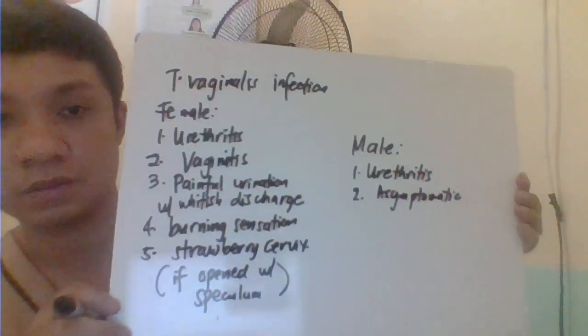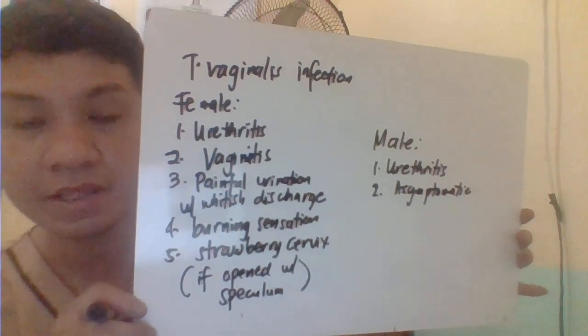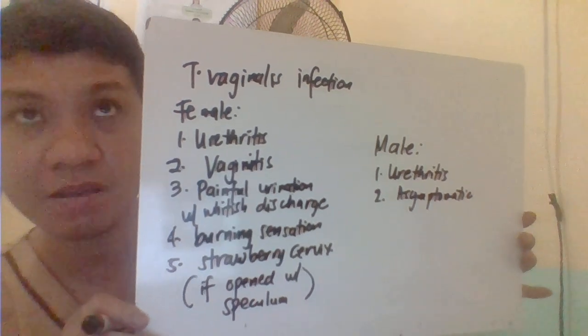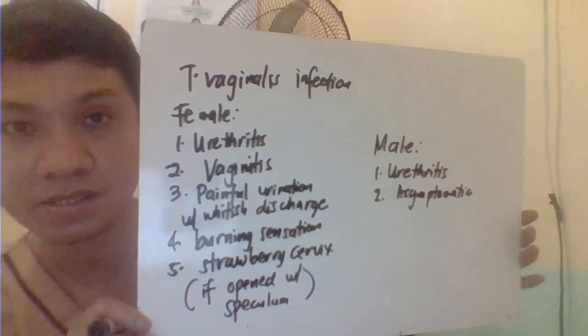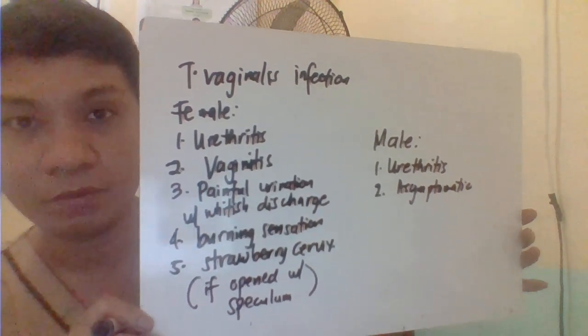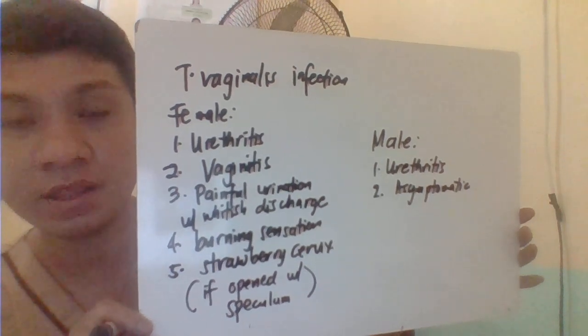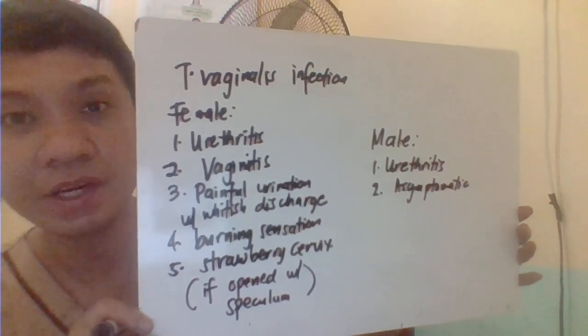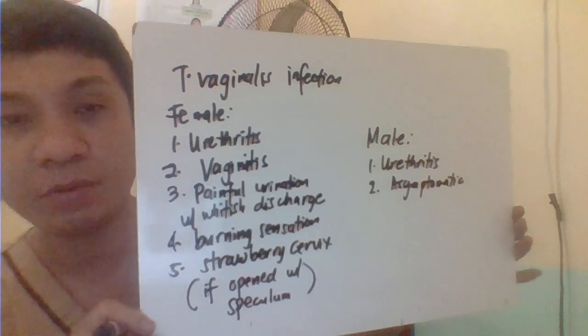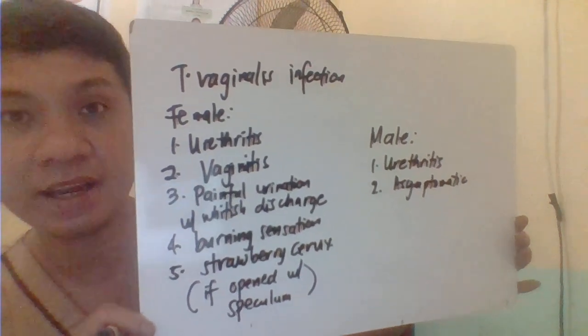Okay, now we have here Trichomonas vaginalis. We have the following manifestations of Trichomonas vaginalis infection. For the female, we have vaginitis, urethritis, with painful urination, burning sensation, with a whitish discharge, may nana na lumalabas.